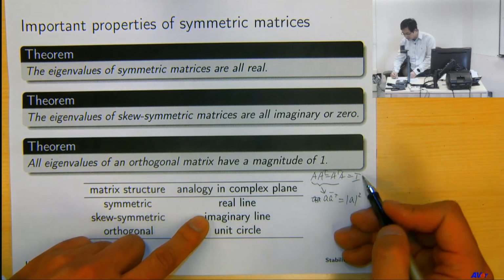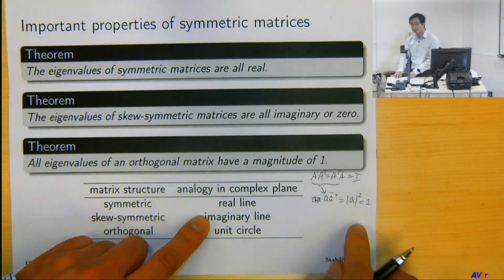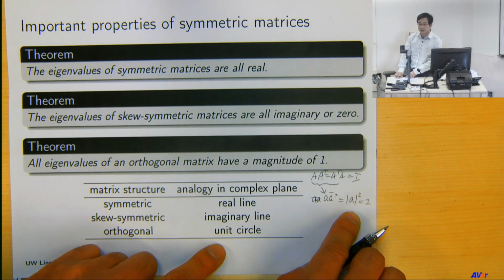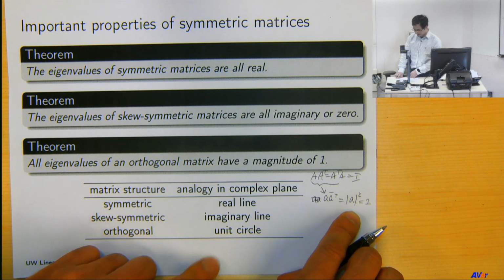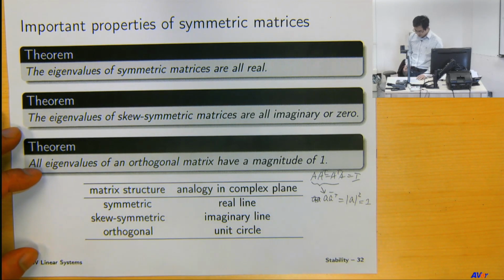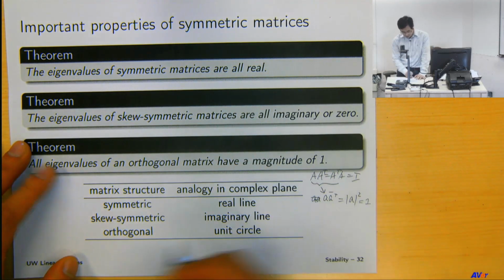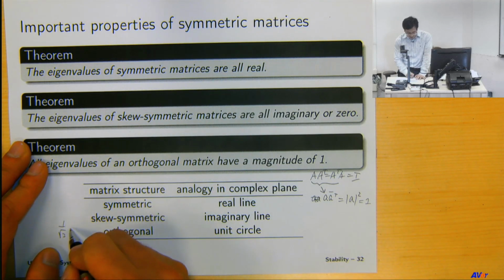So this equaling I is analogous to the vector having unit length. Yes? If the eigenvalues have magnitude 1, does that mean that for the orthogonal matrix they could be both complex with magnitude 1 and real? Yeah. So it can be this plus this, something like that.